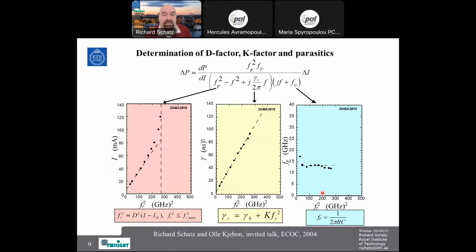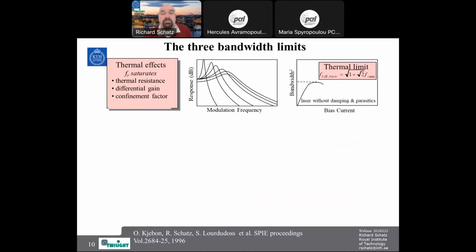So by extracting these parameters, you can, for each individual laser, calculate three bandwidth limits. It's the thermal bandwidth limit that is caused by the saturation of the resonance frequency. It's thermal effects. Above a certain current, the intensity of a laser stops increasing, and also the bandwidth of a laser stops increasing due to the heating of the laser.